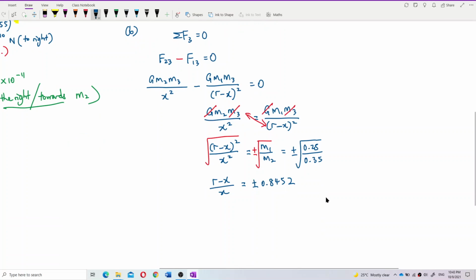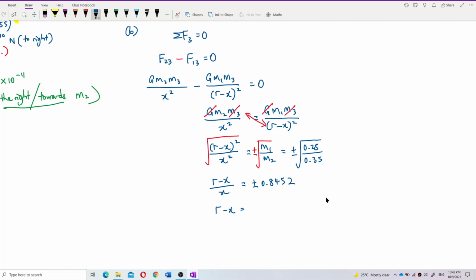So r minus x equals the positive negative sign. So what should we do now? This one has two cases.